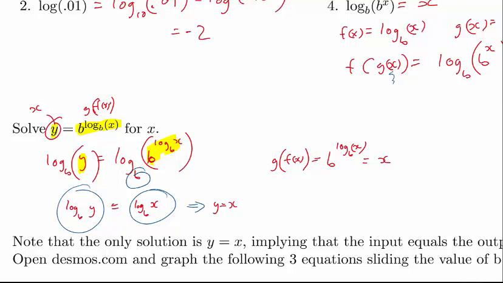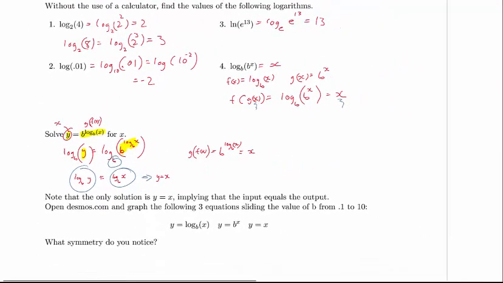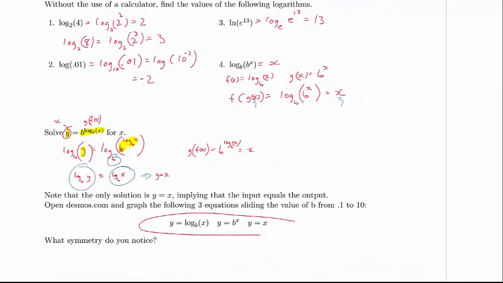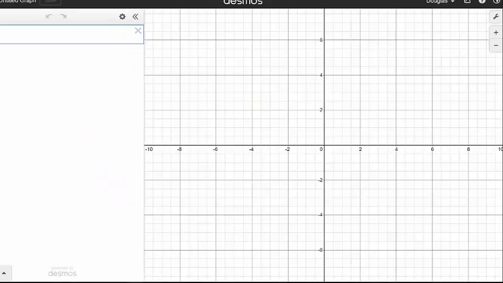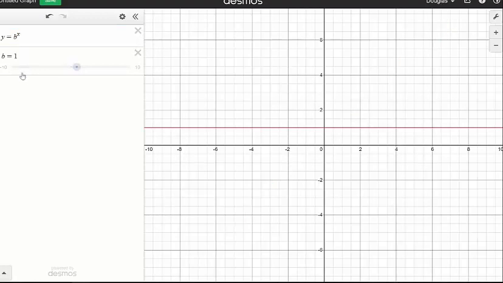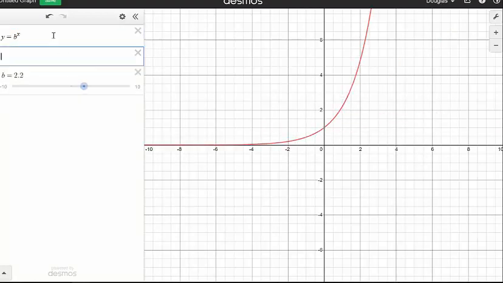Okay, so let's go ahead and graph these three in Desmos. All right, so first function we have is y equals b raised to the x. Now let's go ahead and graph y equals x.